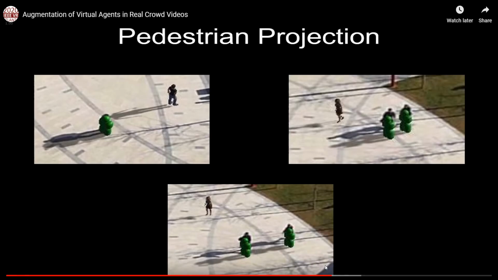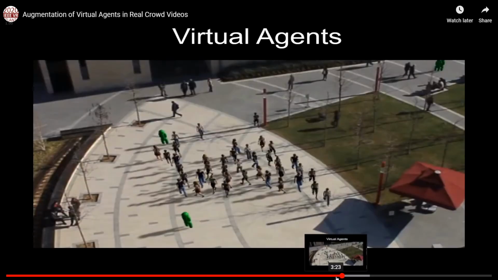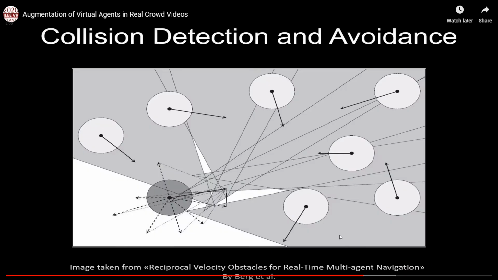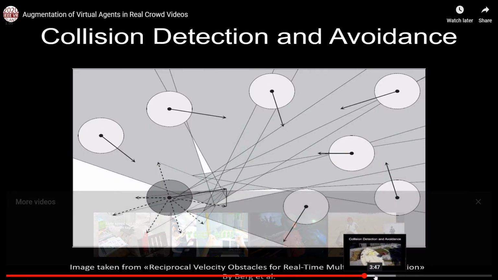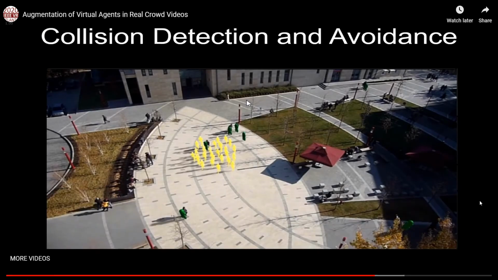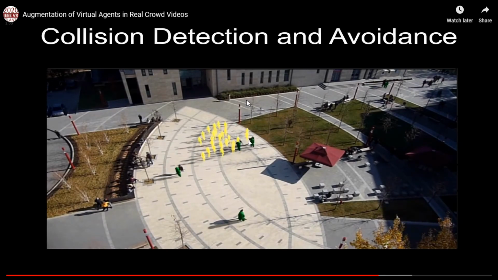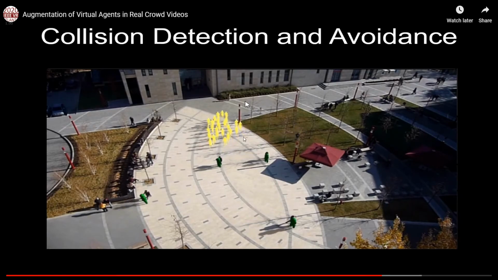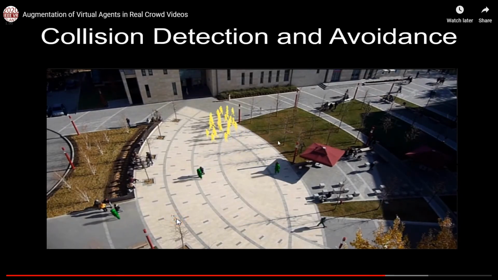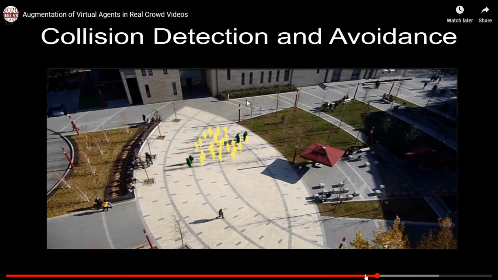Some of the green pedestrians, I think, are just used to describe the real people. But yeah, so the yellow people here are all virtual agents, and the green people are real people.